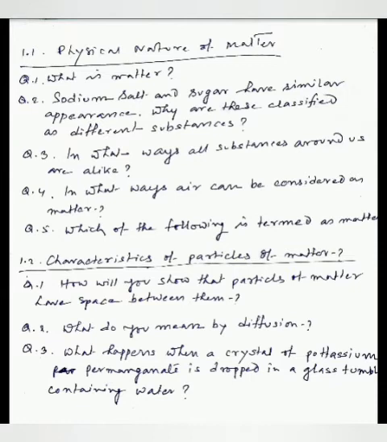This is the nature, the property. This intermixing of particles of two substances on their own is called diffusion. Particles of a gas diffuse faster than particles of a liquid. I think you have understood.